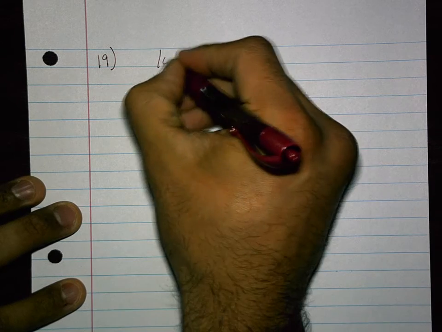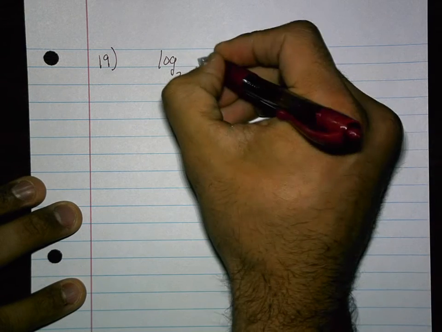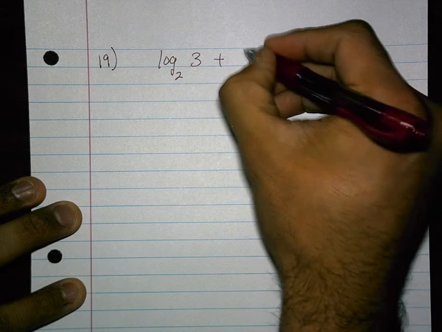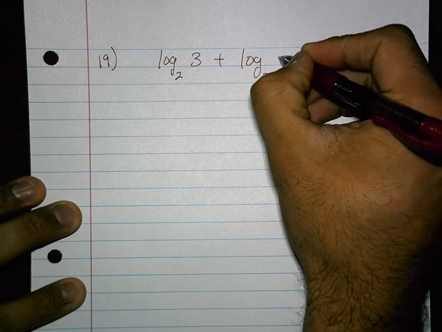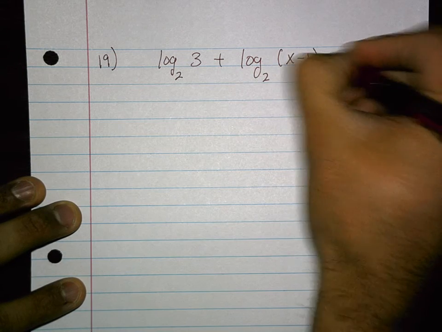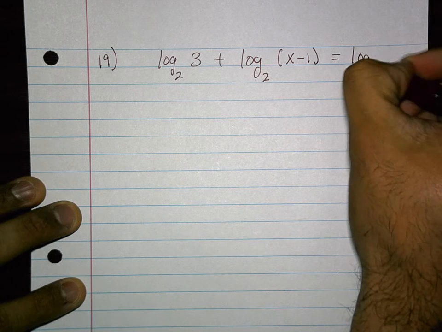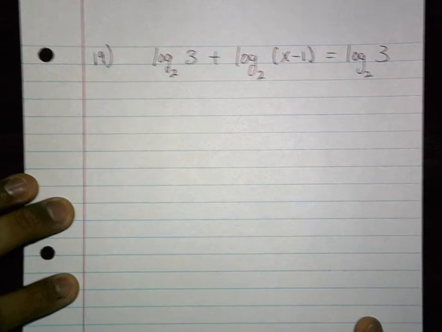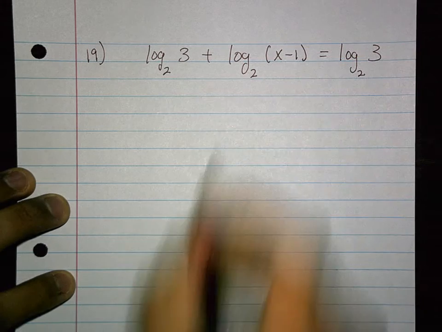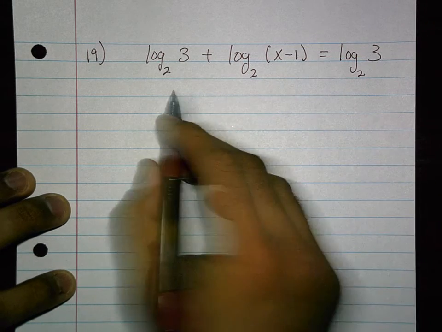Number 19 says log base 2 of 3 plus log base 2 of x minus 1. Okay. So remember, I'm going to use that property of equality, so I've got to get down to a single log on each side.